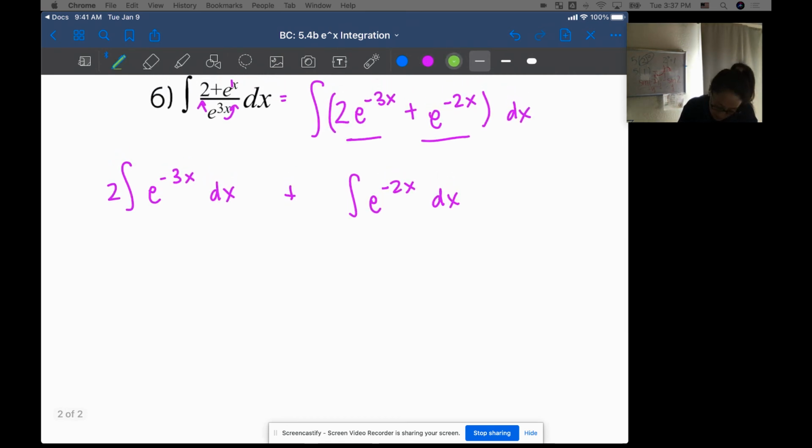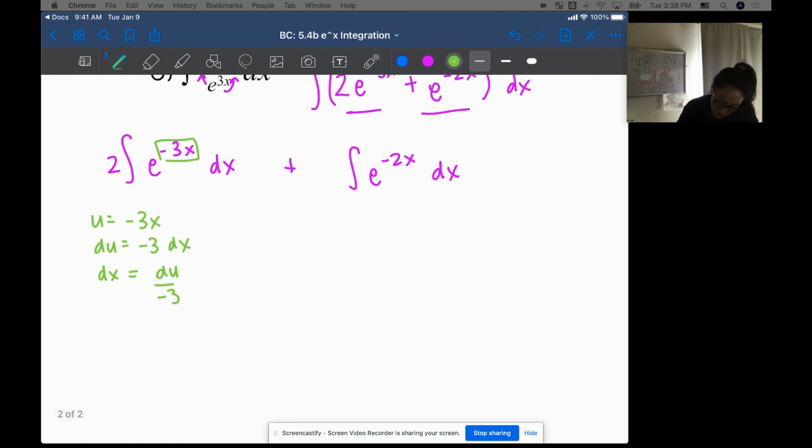I'm going to make my u equal to negative 3x. So du is equal to negative 3 dx, and dx is equal to du over negative 3. All right, so I get 2 times the integral of e to the u, and then instead of dx, I'm going to replace that with du over negative 3.